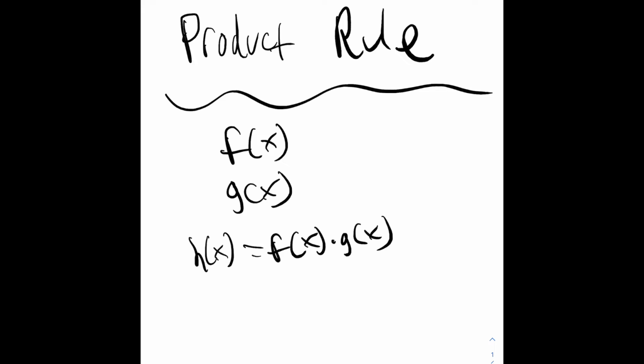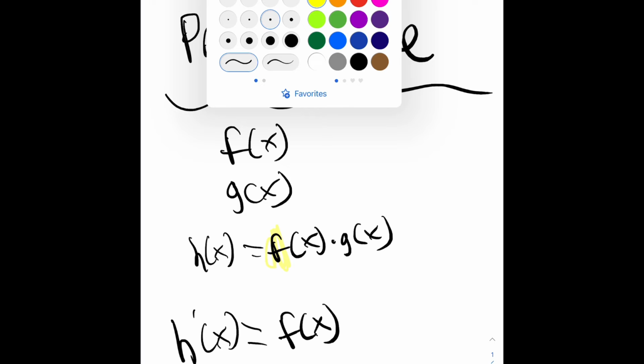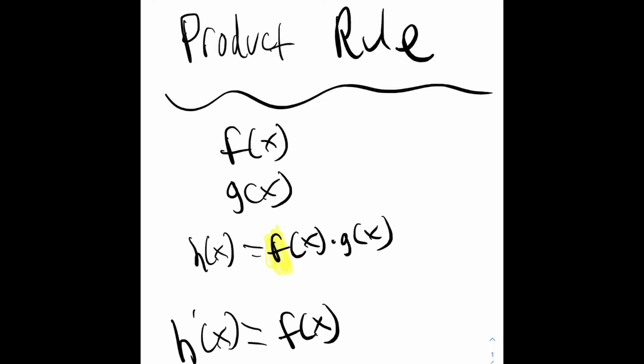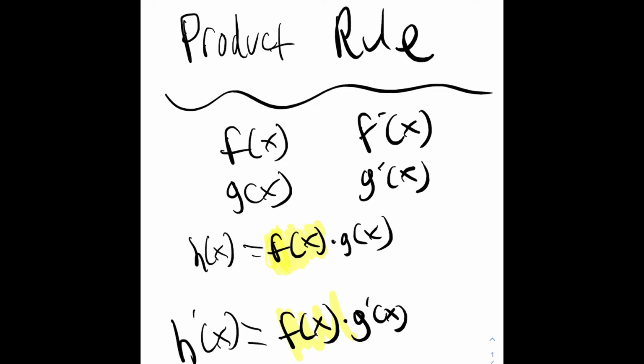So if we want to find the derivative of h of x, we're going to take our first function, which is f of x, and multiply it by the derivative of the second function, the derivative of g of x.